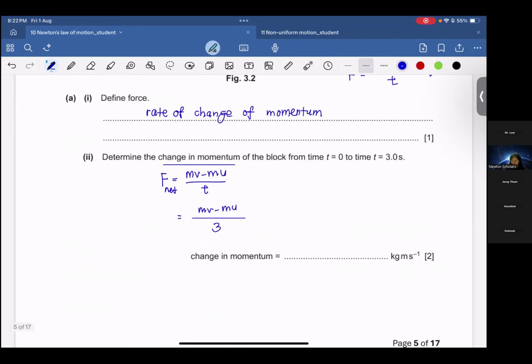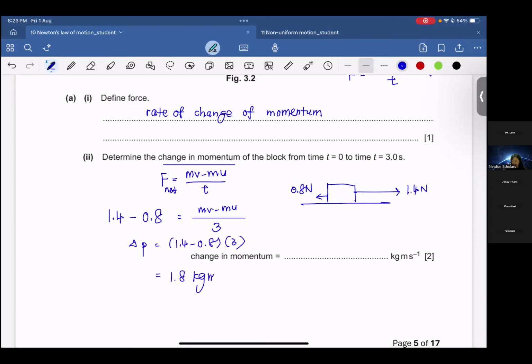The X here is 1.4 Newton. Resistive force is 0.8 Newton. So the net force is minus it. So the change in momentum, which is mv minus mu, is 1.4 minus 0.8 times 3. Your answer should be 1.8 kg meter per second.